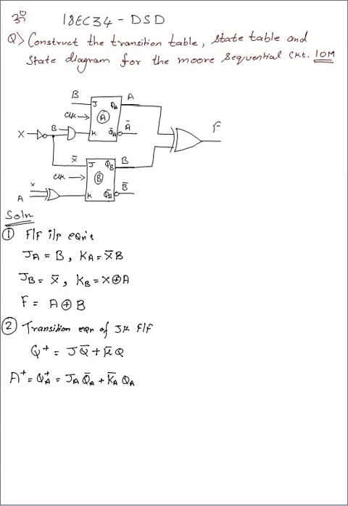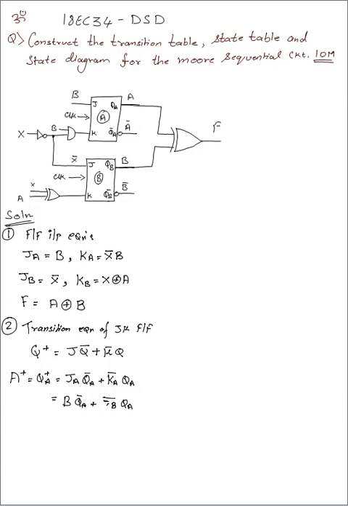Again, from the first step we know JA is nothing but B. So I'll write B and retain QA complement as it is, plus KA complement. The equation for KA complement is x complement B, the whole complement, into QA.